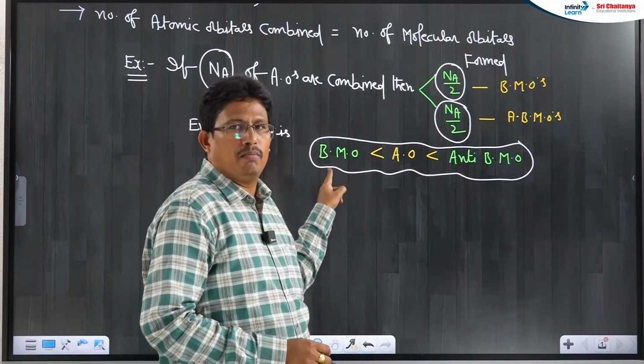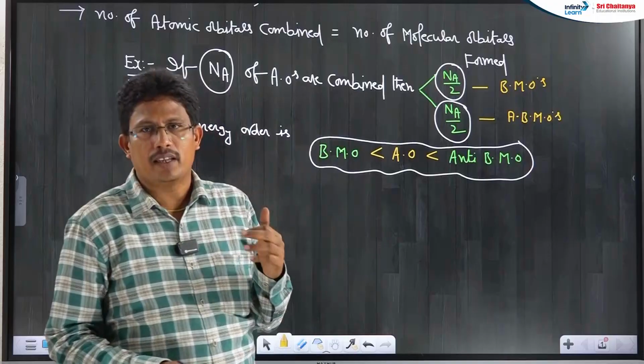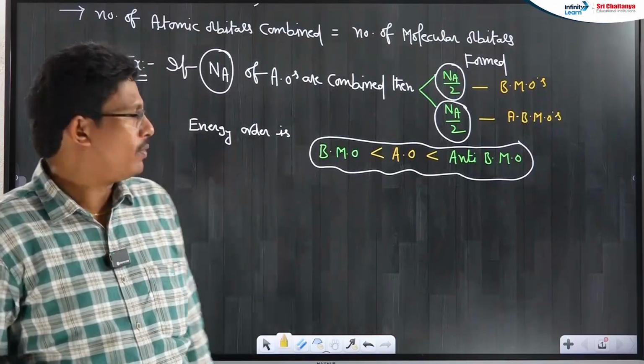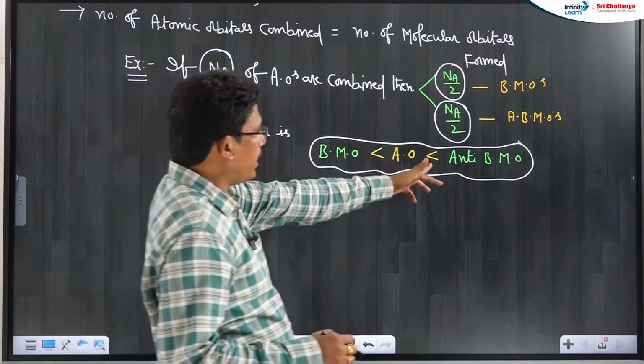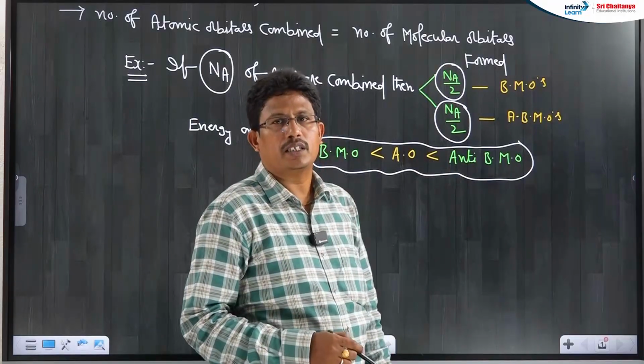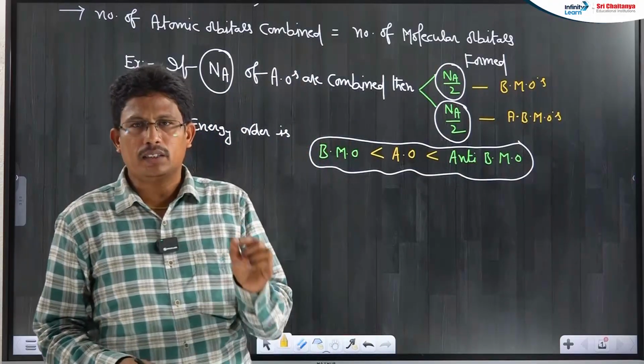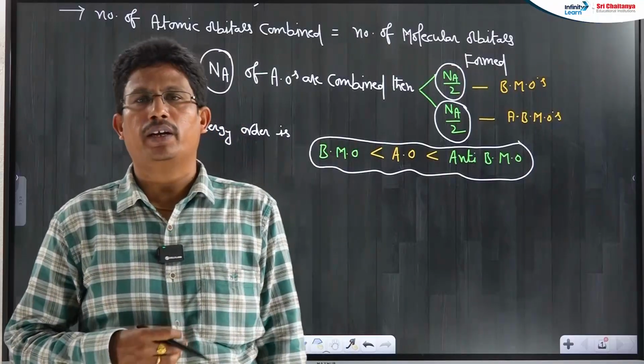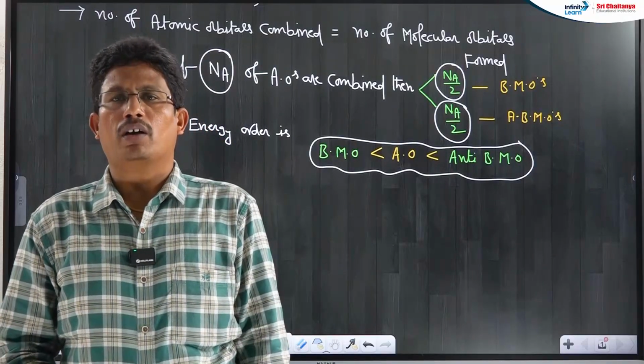Electrons present in a bonding molecular orbital stabilize the molecule, while electrons present in anti-bonding orbitals destabilize the molecule. What is the major difference between atomic orbital and molecular orbital?